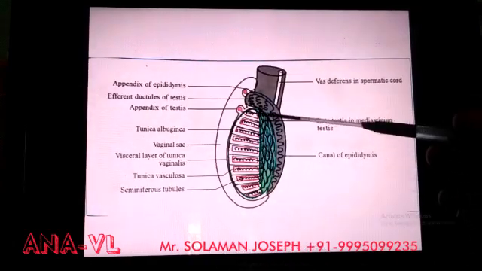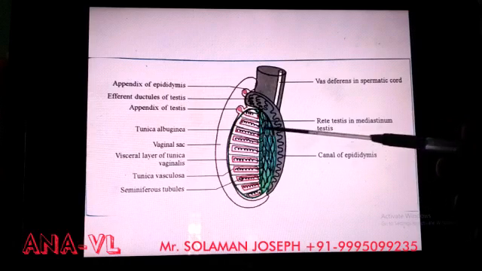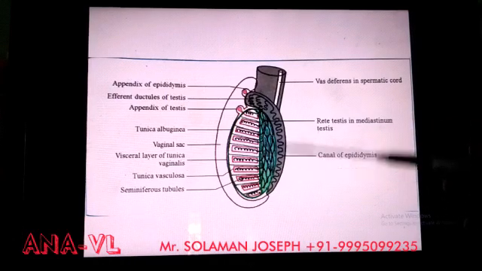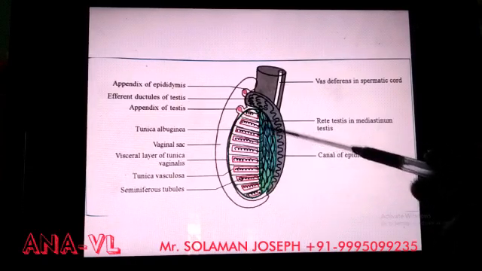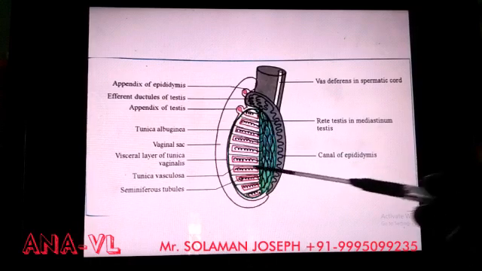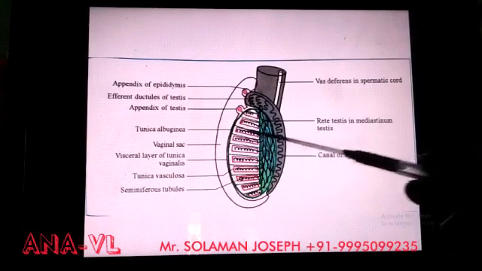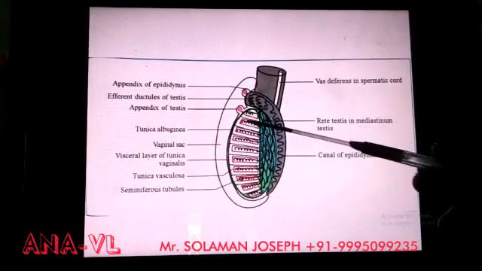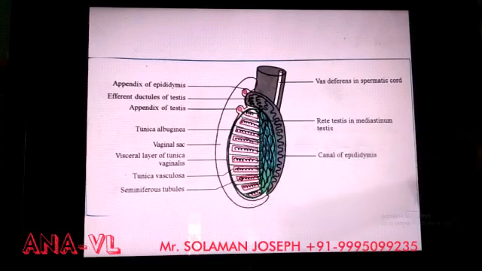Here we can say that the numerous compartment-like structures arise from the mediastinum testis. That means the organ is divided by the tunica albuginea layer, and its anterior portion is divided into numerous compartments by radiating septa. These septa are around 200 to 300 in number.